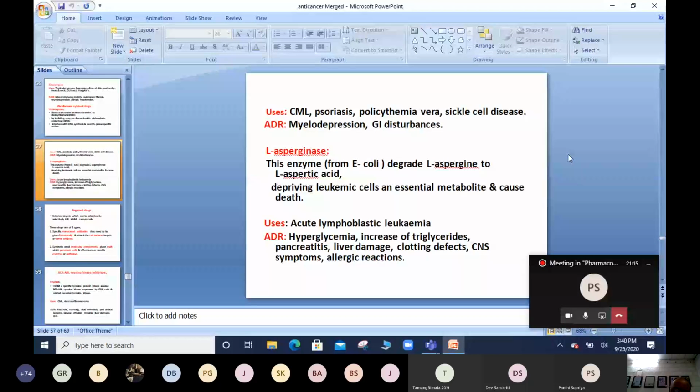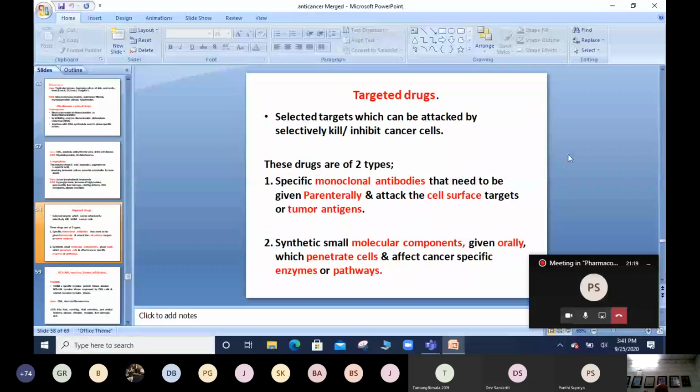Next comes another group of drugs called targeted drugs. Now you know there are three major groups. One is cytotoxic drugs, second is targeted drugs, third is hormonal drugs. So we have completed cytotoxic drugs, in which we covered about 7 or 8 different varieties. Now targeted drugs.